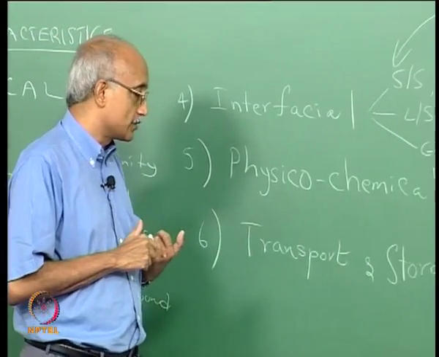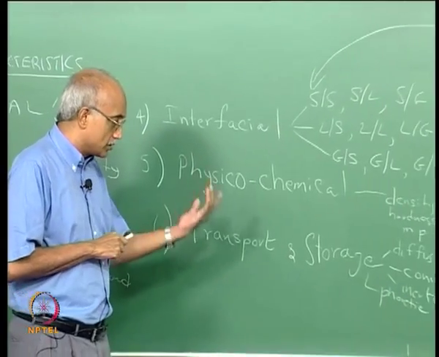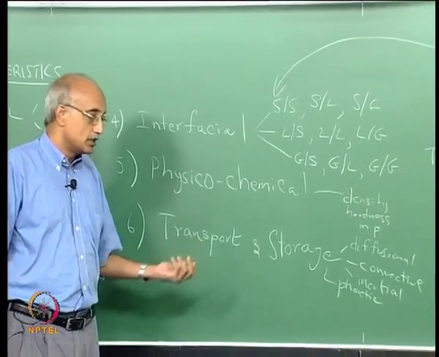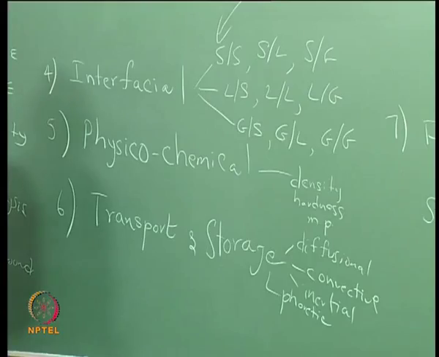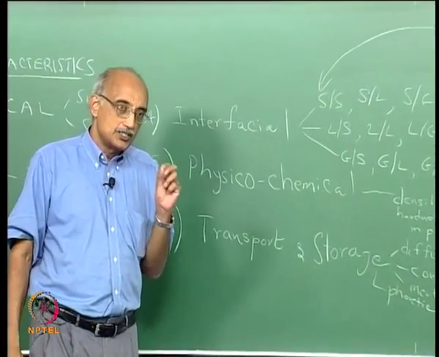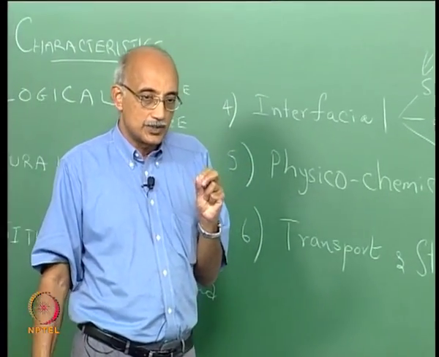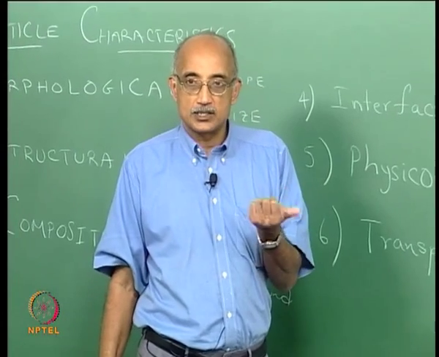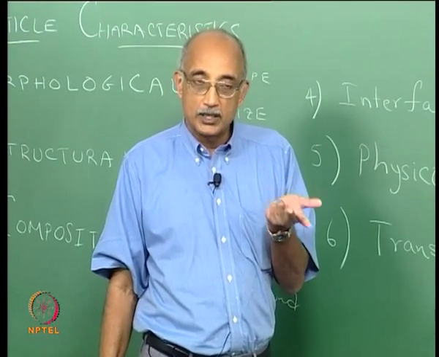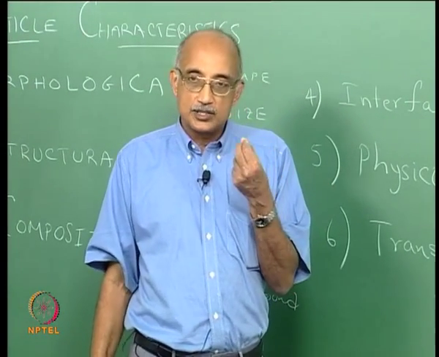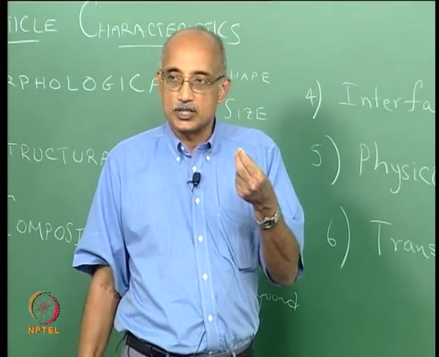Transport and storage characteristics. When we talk about diffusional, convective, inertial, phoretic means of transport, these are not easy to measure. When you look at the 3 different transport phenomena, momentum and energy transport are reasonably easy to measure.